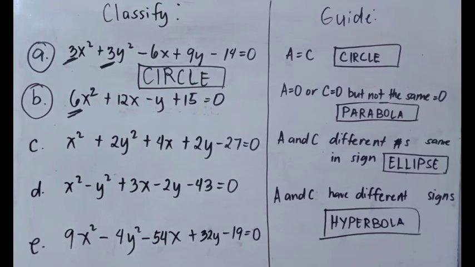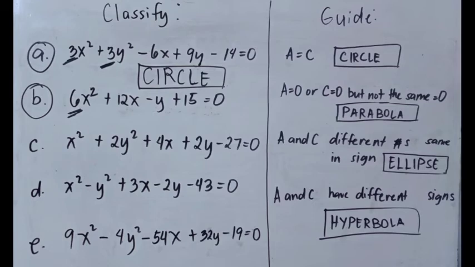In letter B, our equation is 6x squared plus 12x minus y plus 15 is equal to 0. We notice that ax squared exists, but cy squared does not exist, meaning our cy squared is 0.